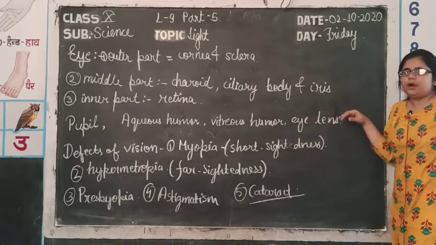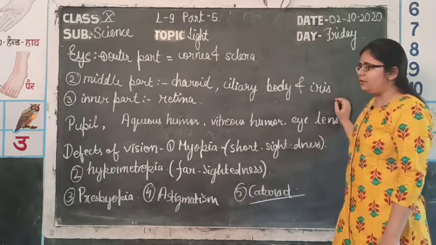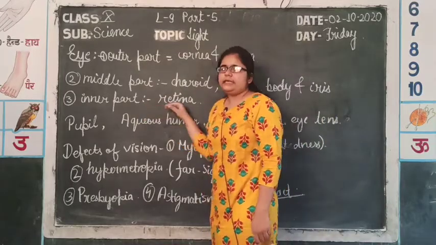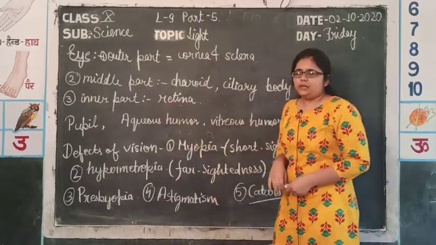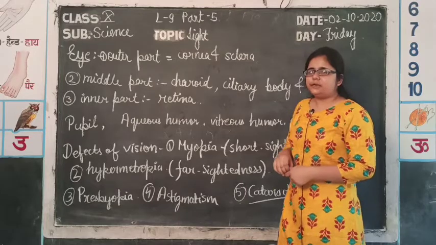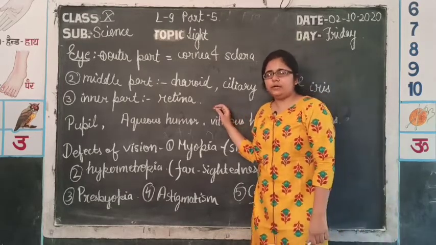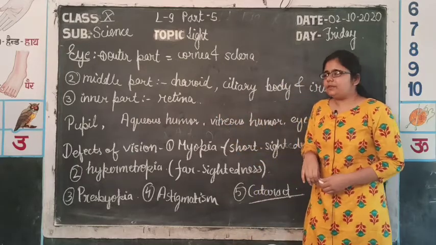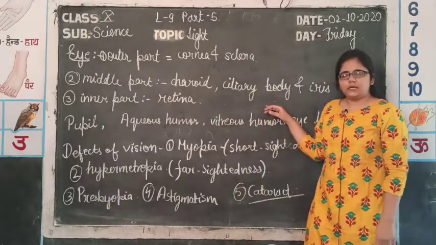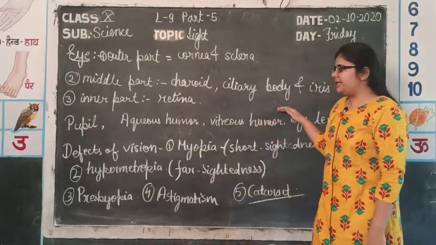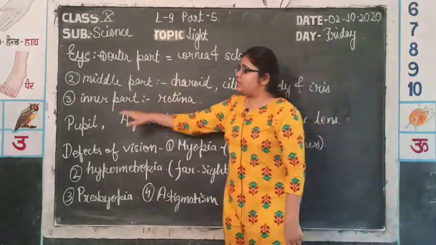Someone has black, brown or blue eyes due to the color of the iris. Then the innermost part of the eye, that is retina. It is the sensitive part which receives the external rays, senses them and transmits them with the help of the optic nerve to the brain. After that, processing occurs in the brain and we can sense what image we are actually seeing.